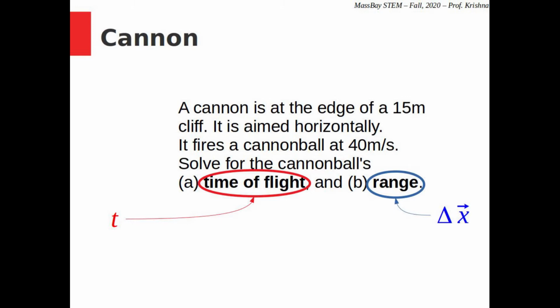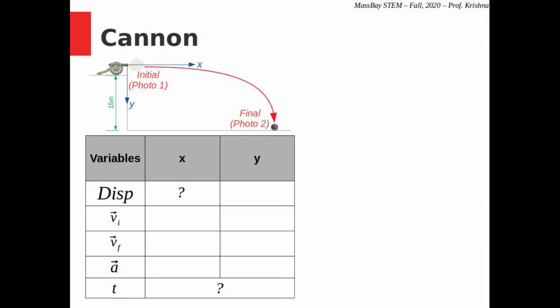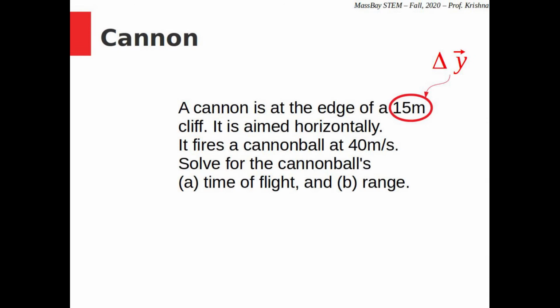The second part of the question asks for the range of the cannonball. Range simply means how far away the cannonball lands. It is a synonym for horizontal displacement, the displacement in x. We are told that the vertical distance through which the cannonball falls is positive 15 j hat meters.